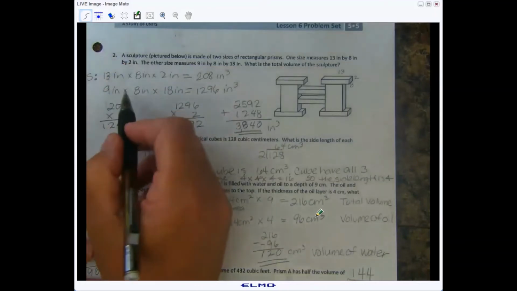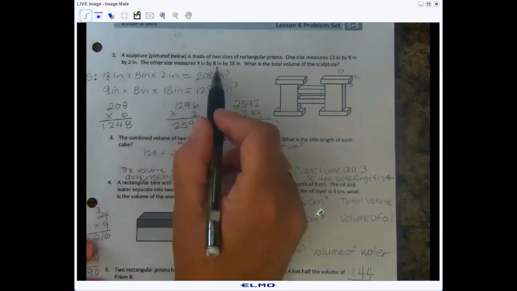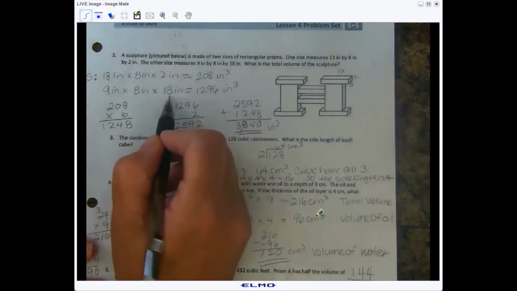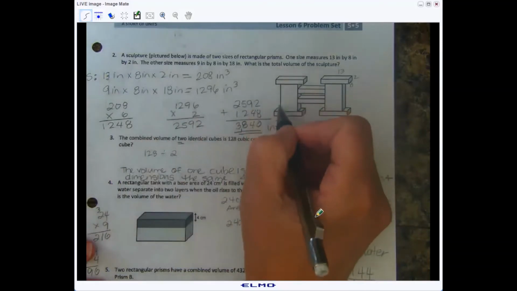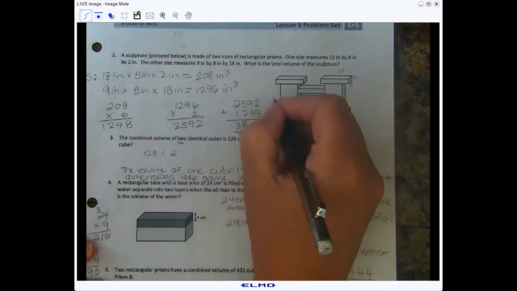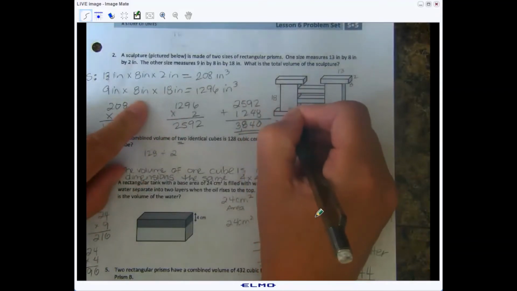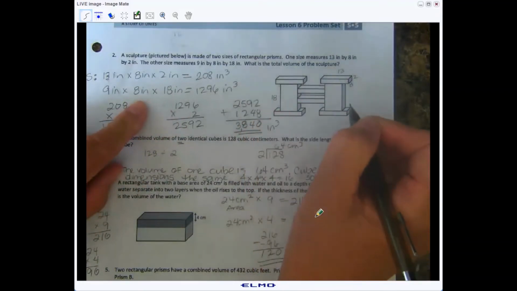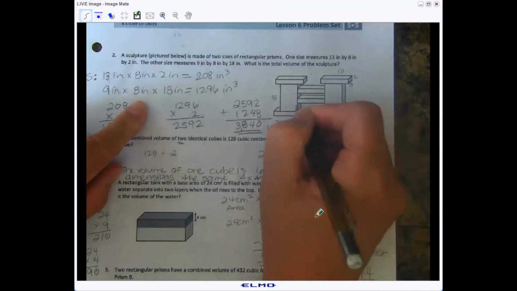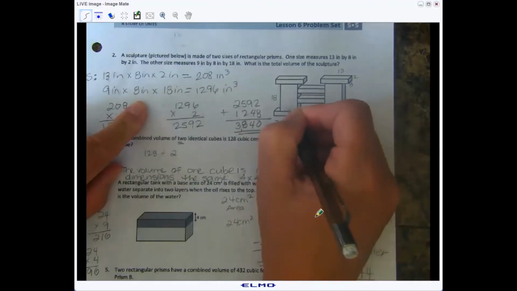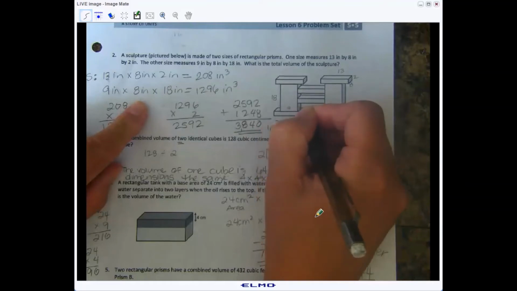How do I know that? Because the other one is 9 by 8 by 18. This 18 in length has got to be the larger prism. So that's 18, or height, I guess that's the height. And then 9 by 8, it doesn't really matter. I guess 8 is the width.